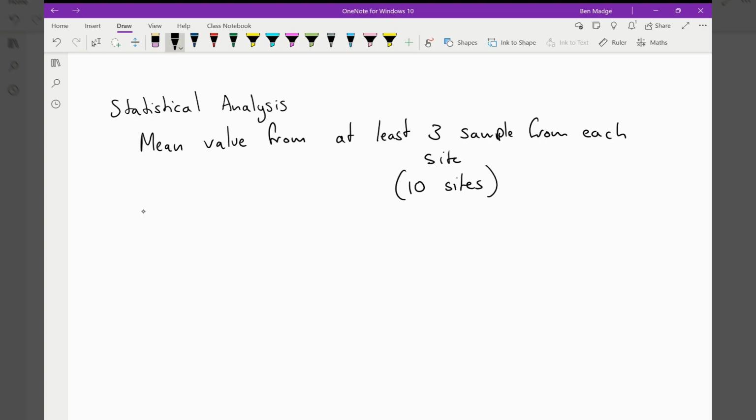We would probably calculate a standard deviation. And we might look at some more involved statistical analysis, something like a Mann-Whitney U test or a Spearman's correlation, to see if we can identify the statistical significance of a controlling variable over something else.